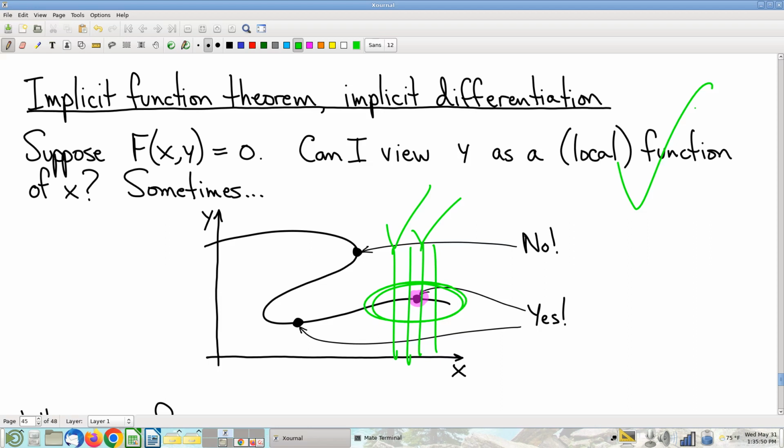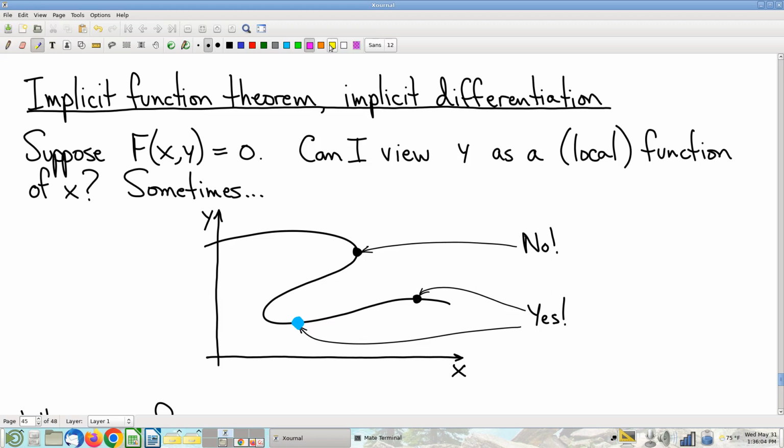All right. What about at this point over here on that same curve? At that point, can I view y as being a function of x? And now notice the little clarification here. Locally. Can I locally view y as a function of x? And I want to be a little bit more specific.